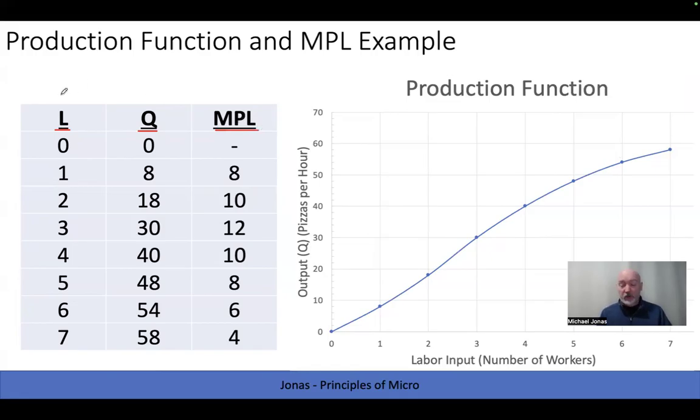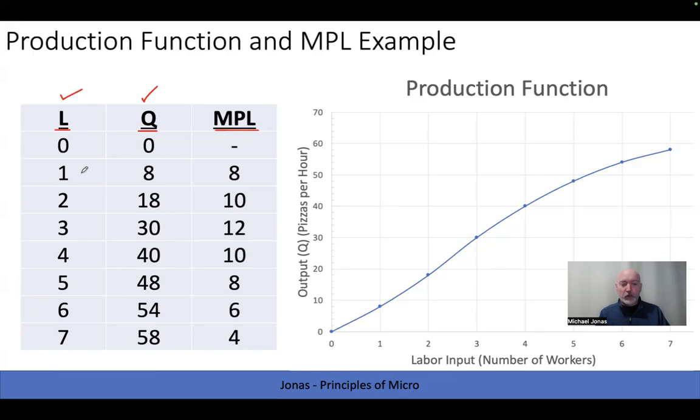So, again, just to stick with our kind of silly example, when we think of that labor column, that's how many workers I have in my pizza restaurant at any given time. And quantity is number of pizzas that we can produce in a given hour. So, of course, if nobody's working, even if I have the most beautiful capital equipment, the great kitchen, great square footage, but there's nobody there to work, we get zero output.